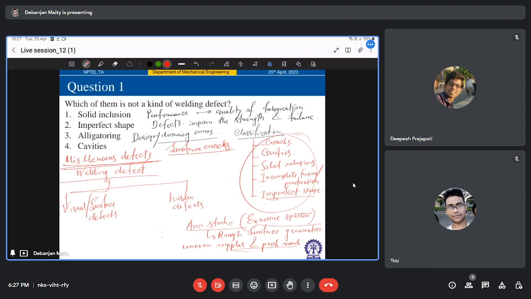So that we may discuss later on. And as I was saying, there can be this dimensional deviation, those things are there. And then you have this underfill thing.